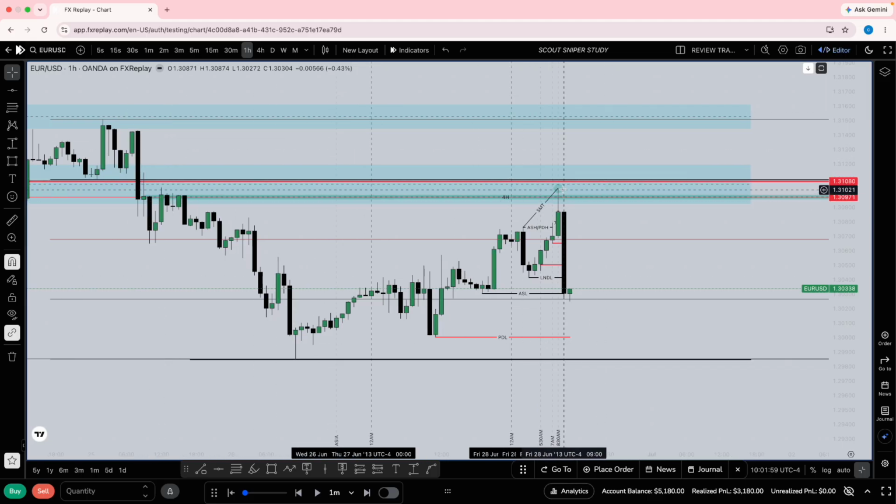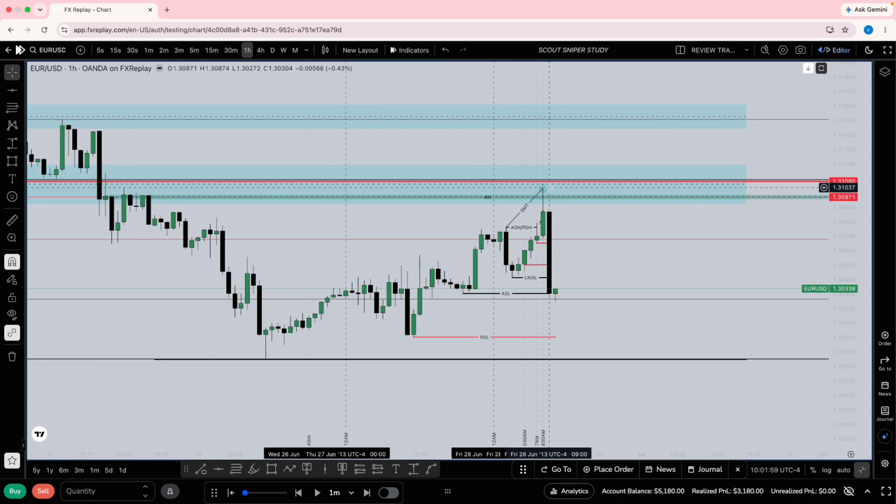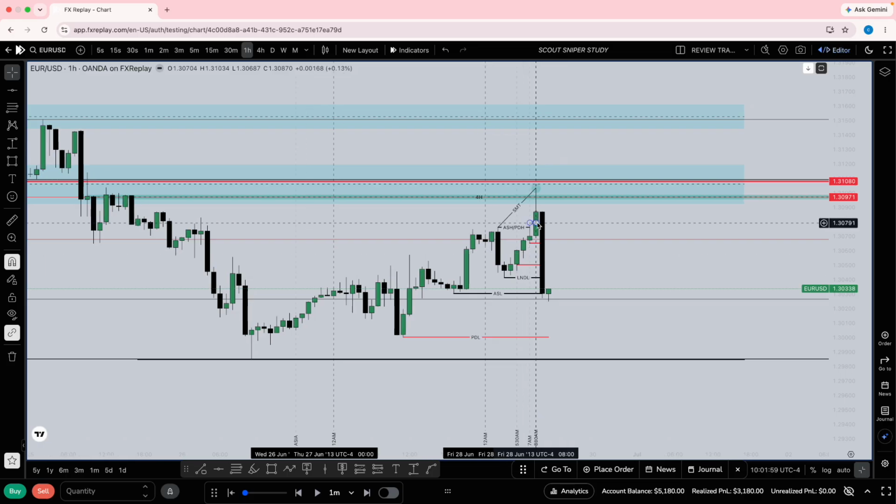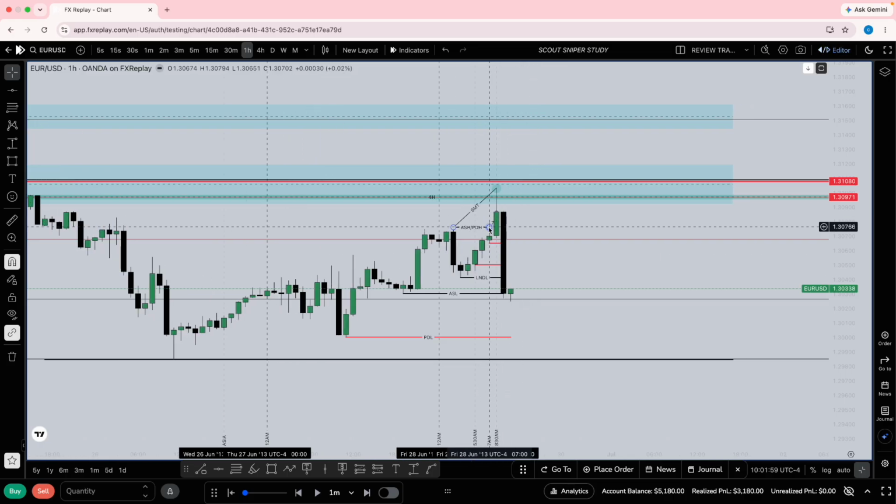So we can anticipate at kill zone times a reversal somewhere up here for price to manipulate up and then distribute down. If you look at this chart right here, you see that this right here is 7 a.m., and you can see that on this candle we open, right?